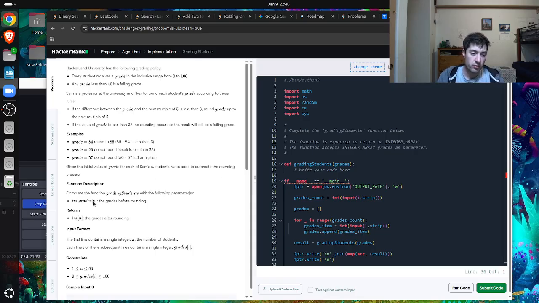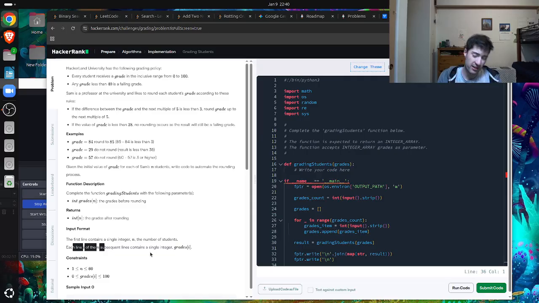Int grades is the grades before rounding. Returns an integer array, which is the grades after rounding. Okay. The first line contains a single integer n, the number of students.